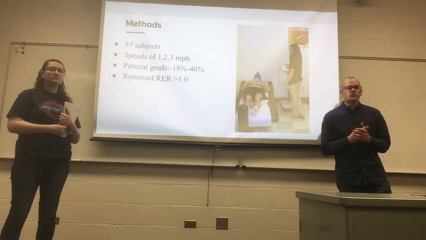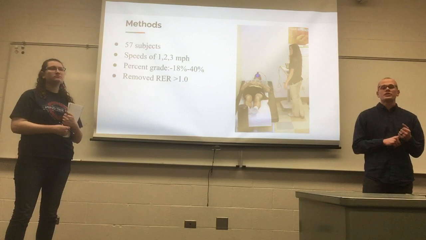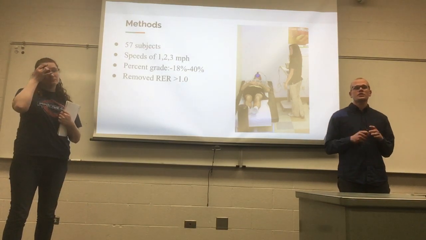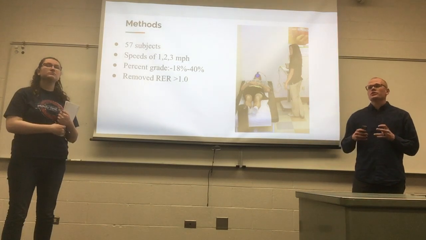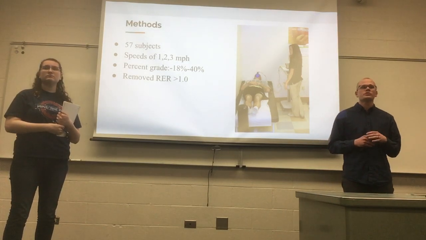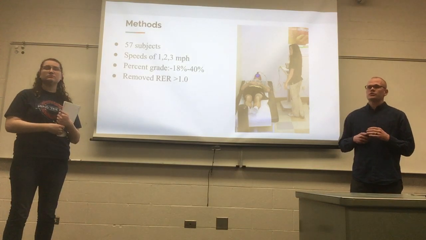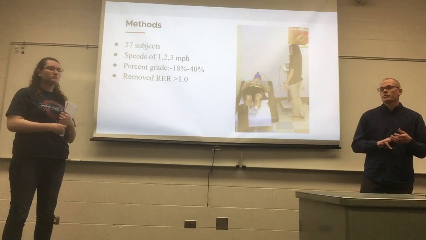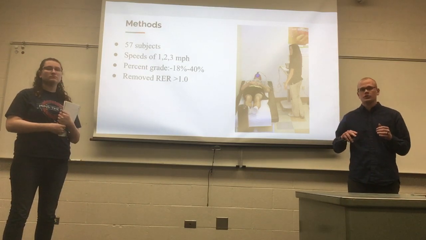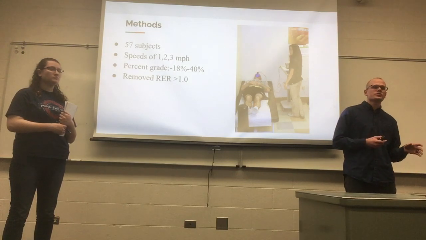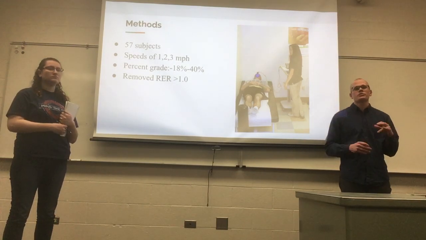So for our methods, we collected two data sets. The first data set was labeled as our training data, and it consisted of 57 subjects, both male and females. Each subject walked on the treadmill at speeds of 1, 2, and 3 miles per hour, and also at grades ranging from negative 18% grade to positive 40% grade.